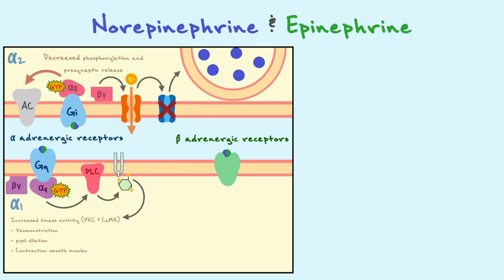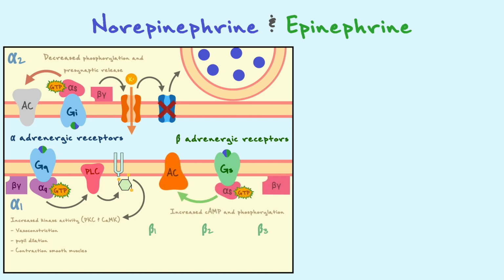For the beta-adrenergic receptors, there are three subtypes, beta-1 to beta-3, and all of the subtypes are coupled to the Gs pathway. Activation of the receptors leads to an increase in cAMP levels caused by adenylyl cyclase, and this will subsequently activate PKA. PKA activation will then lead to an increase in kinase activity and phosphorylation.